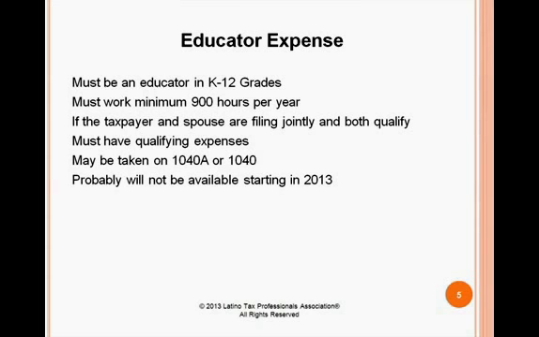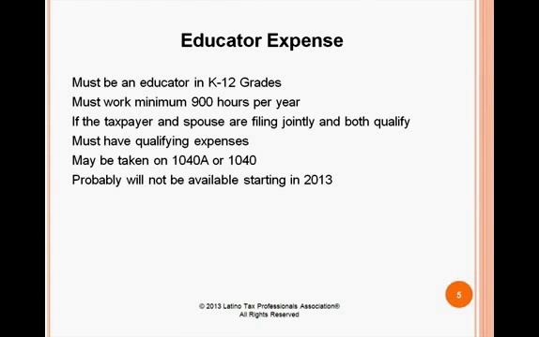Only available for educators in kindergarten through 12th grades. You must work a minimum of 900 hours per year, so in many instances substitute teachers don't qualify. If the taxpayer and spouse are filing jointly and both qualify, they're both teachers, then each one can get the $250 apiece for a total of $500.